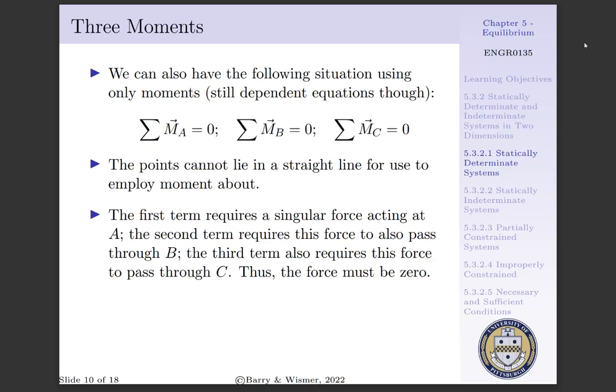The key to this formulation of equilibrium equations is that the points A, B, and C cannot lie in a straight line. Now, our first moment equation requires a singular force acting at point A. Our second moment equation requires this force to also pass through point B. Our third moment equation also requires this force to pass through C. Thus, that force must be equal to 0.